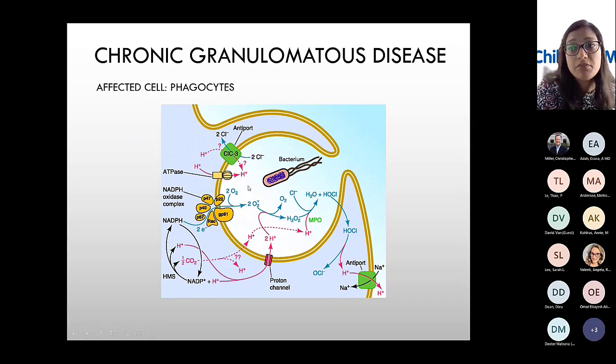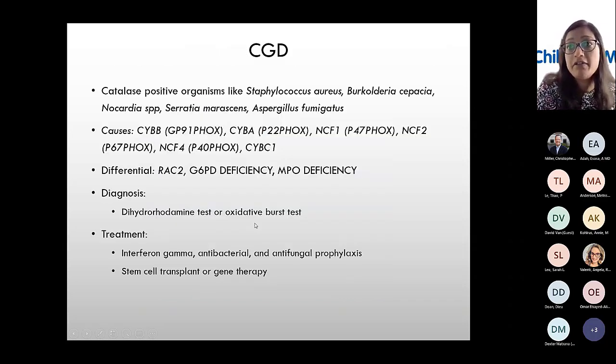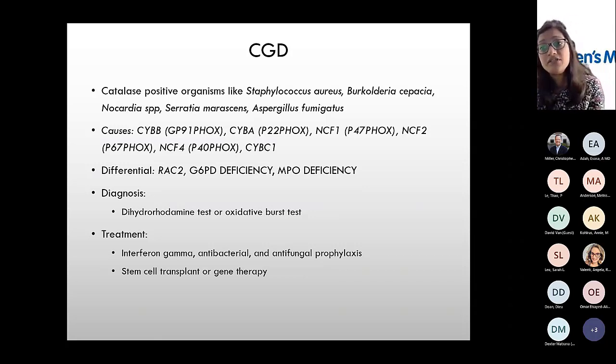And so that machinery can be defective in various genetic defects that cause chronic granulomatous disease. This disorder puts them at risk for catalase positive organism infections. And as we saw, the diagnosis is by the oxidative burst test, dihydrorhodamine test, and then treatment is stem cell transplant, which is curative. You can put them on triple prophylaxis with antibacterial, antifungal, and interferon gamma, and that can be a supportive therapy.